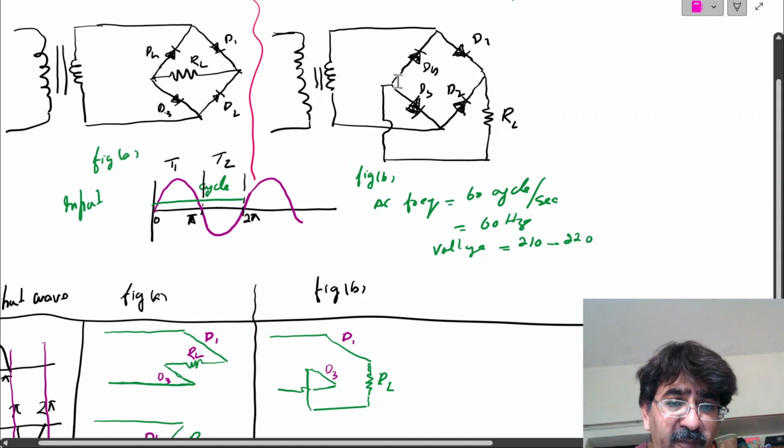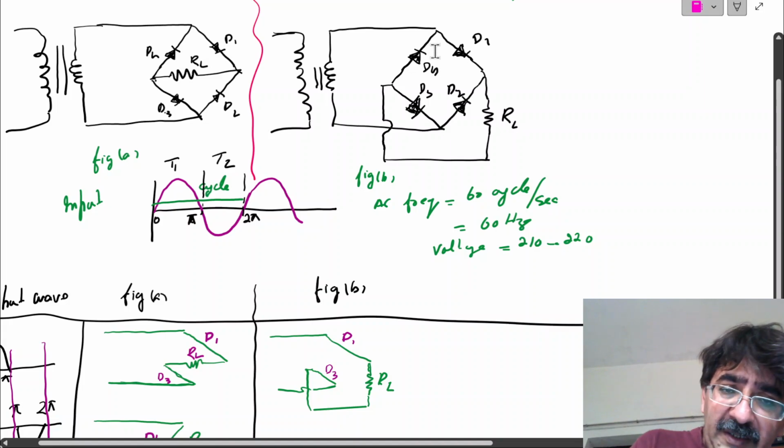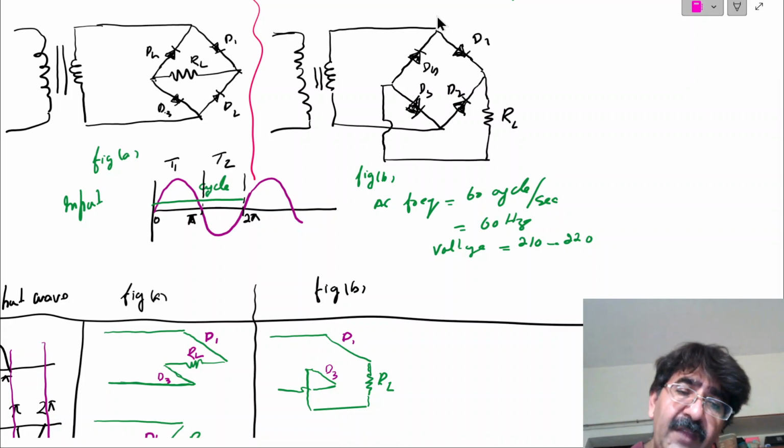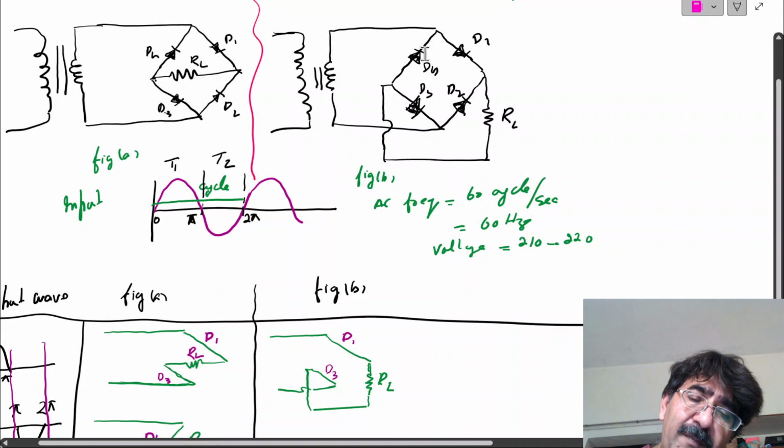Now for the negative part of this current: it will pass through D4, then move toward the load resistance and then toward D2.